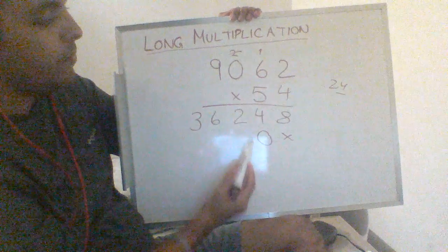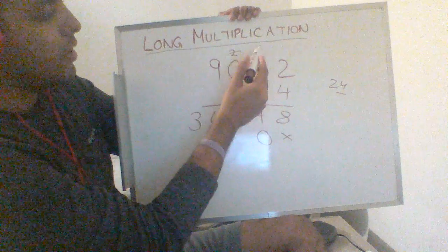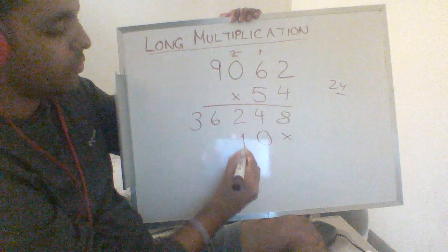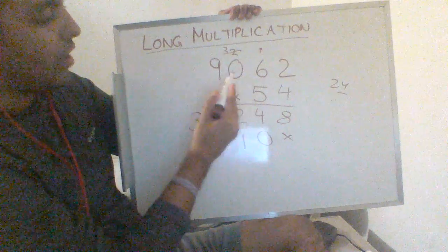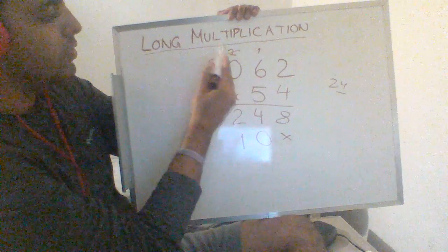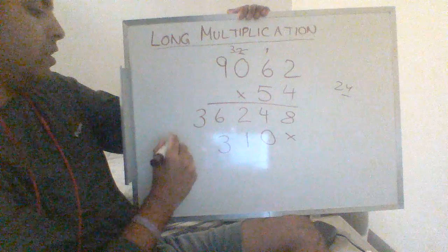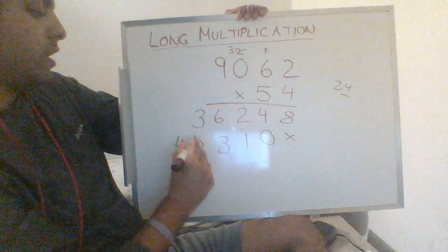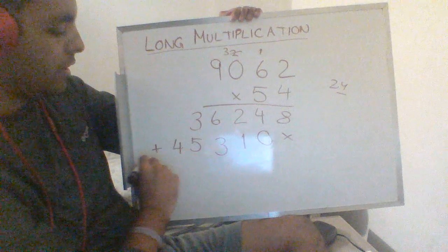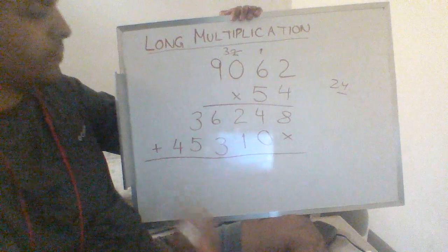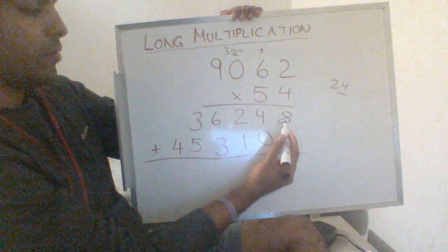So we carried the 1. 5 times 2 is 10, carry the 1, perfect. 5 times 6, that's 30, plus 1, that's 31, so the 1 goes here, and the 3 carries. 5 times 0 is 0, 0 plus 3 is 3. 5 times 9 is 45, so that just goes right there, since we've got nothing else to carry it over to. And we add.